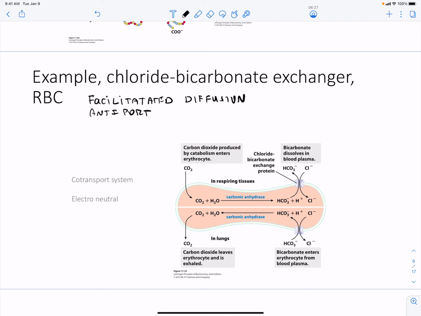So in the tissues, you're going to have chloride enter, and you're going to have bicarb exit. And in the lungs, it's the reverse. You're going to have chloride exit and bicarb enter. And it's electroneutral because bicarb and chloride have similar charges.